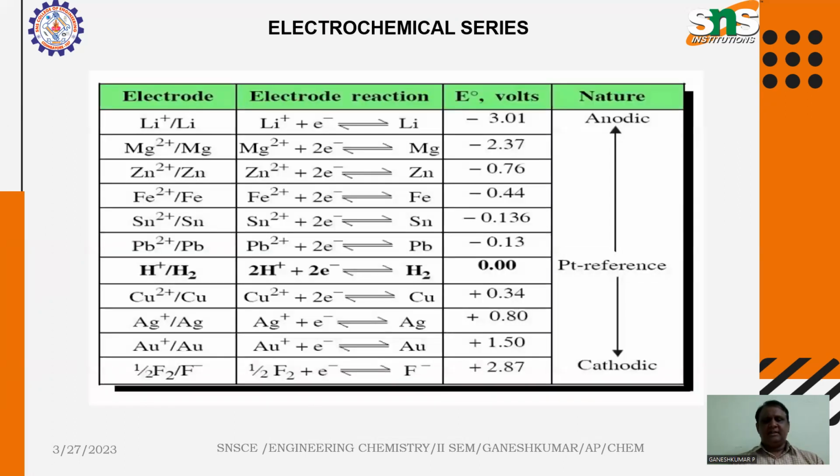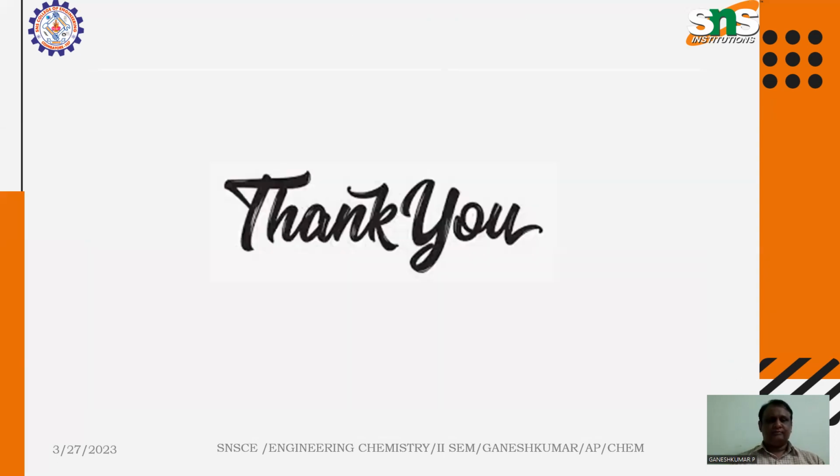The hydrogen scale is 0; above it there are negative electrode potentials, and below it positive electrode potentials. Those with a positive electrode potential can be used as a cathode, and those with a negative electrode potential can be used as an anode. By using this anode and cathode, we can construct a cell. The main advantage of the electrochemical series is that it can be used to understand how a metal acts, as an anode or a cathode. Thank you.